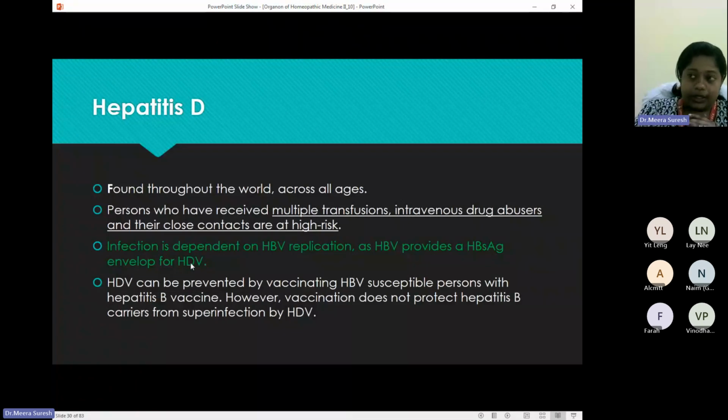So we have to take particular care, not of HDV, but if a patient is diagnosed with HBV, we should educate the person that there are chances for him to develop HDV also. So HDV can be prevented by vaccinating HBV susceptible persons with hepatitis B vaccine. However, vaccination does not protect hepatitis B carriers from superinfection.